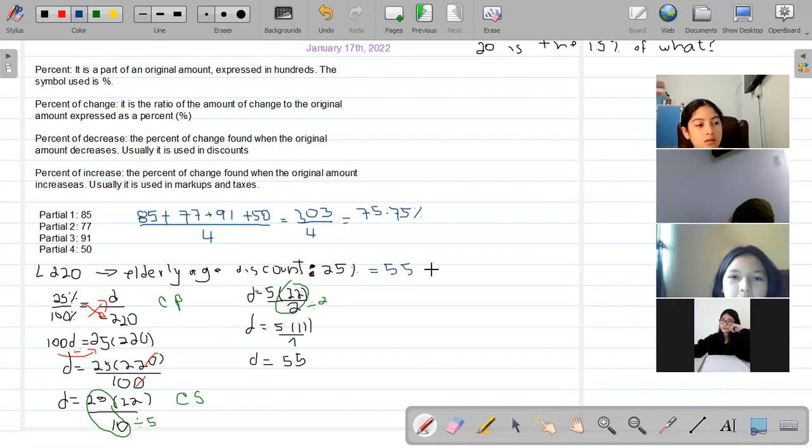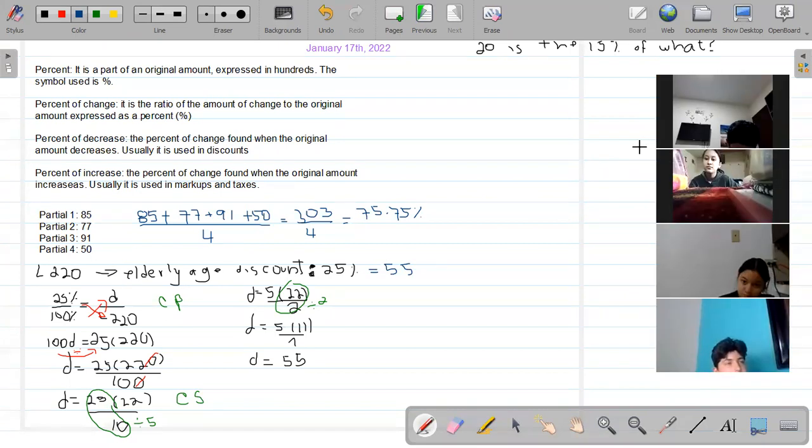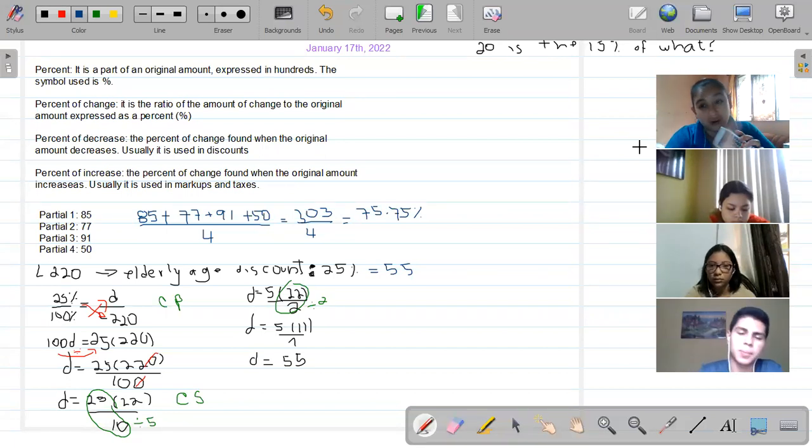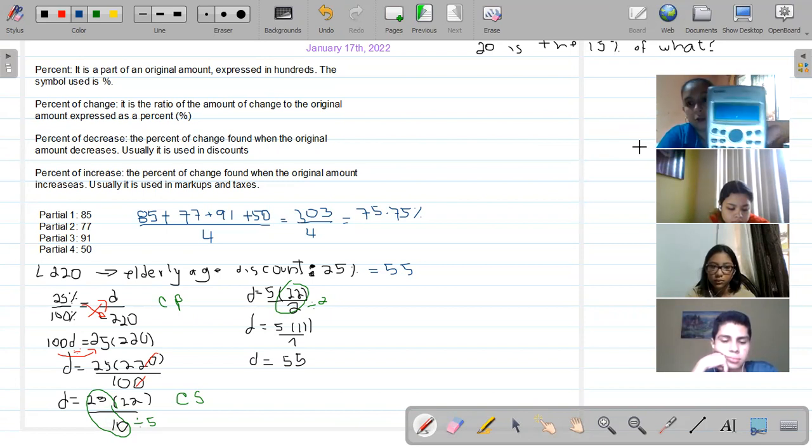Okay, there's another way to do it. I'm going to show you how we do it with a calculator, but you're not allowed to do it right now. So we want to know the 25% of 220. So we place 220 times 0.25.